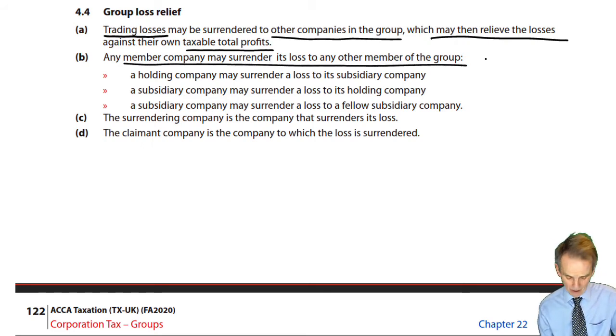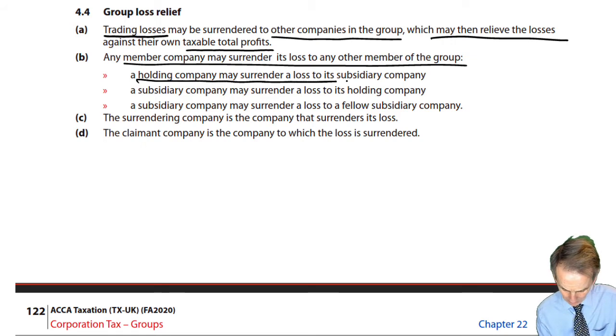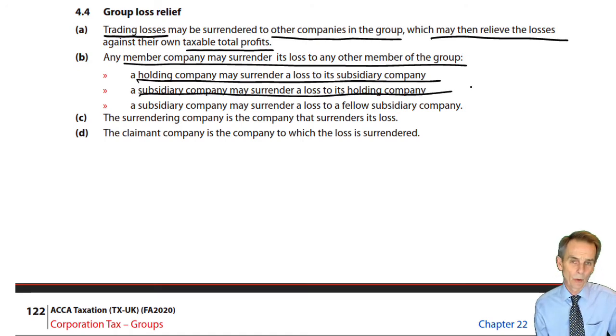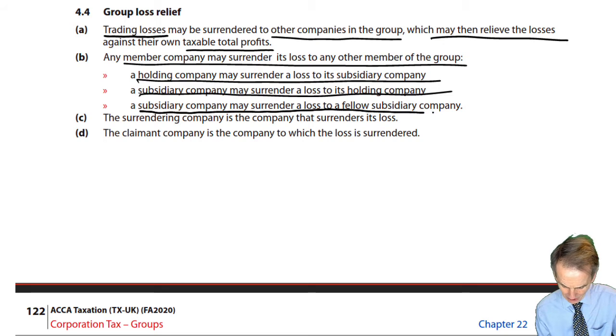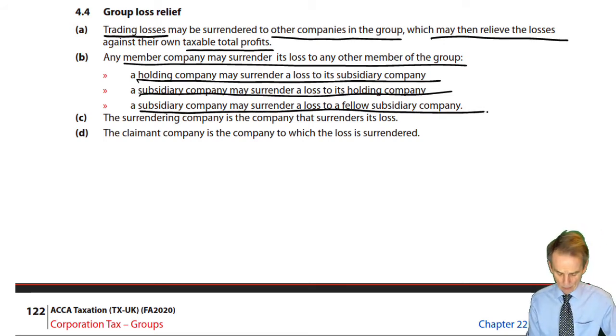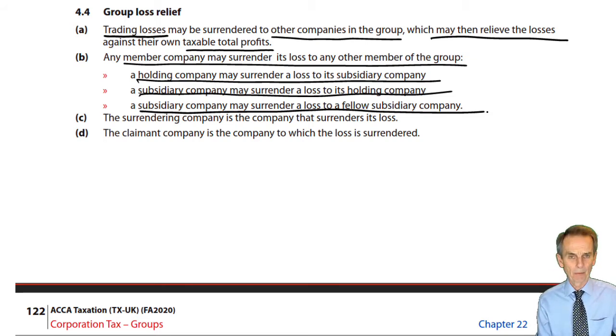So we can go in any direction. A holding company could surrender its own loss to a subsidiary. A subsidiary could surrender its own loss to the holding company. Or, of course, a subsidiary may surrender its loss to a fellow subsidiary company. Just as we've seen in the AV group of companies, all of those possibilities would exist there.